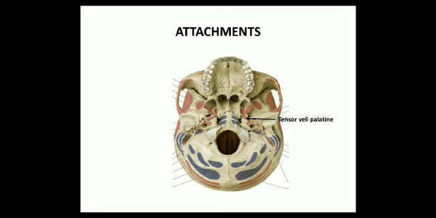The anterior aspect of the spine of the sphenoid gives attachment to the tensor veli palatini and the tensor tympani muscles. The inferior surface of the petrous temporal bone gives origin to the levator veli palatini.